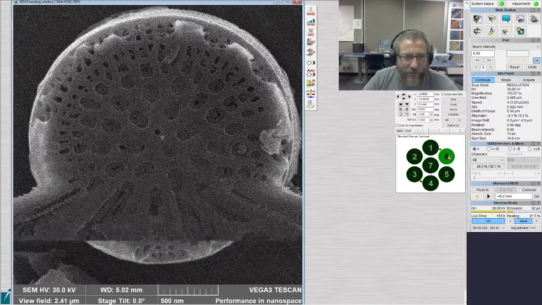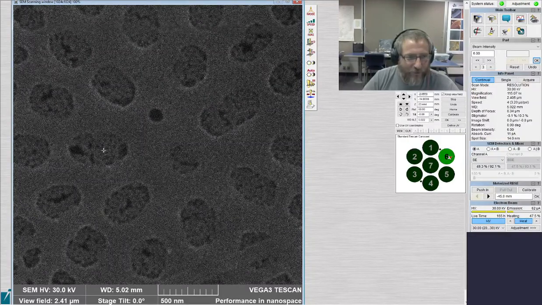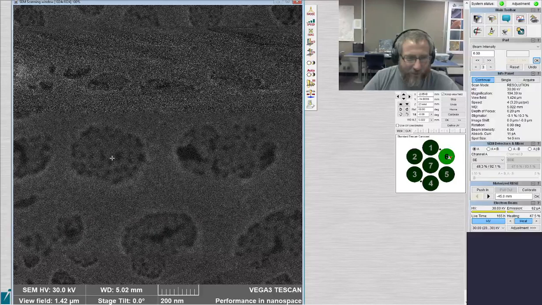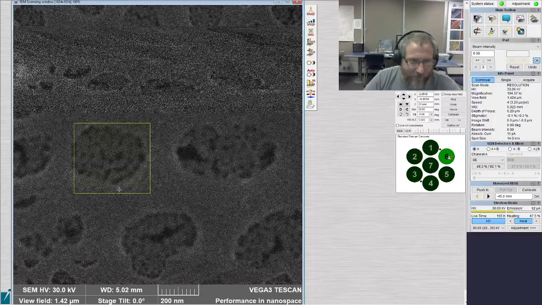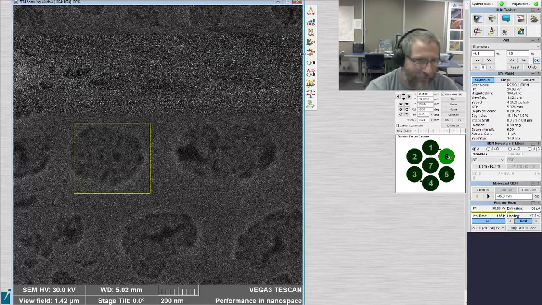So I'm going to try to fix this view a little bit, because those are spectacular pore coverings, and I think I can do better. Hang on a second. Now we're in the realm where I get to play with my stigmation. Let's see if I can fix it.